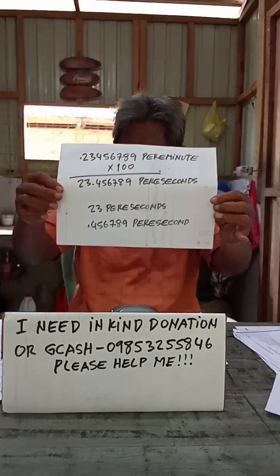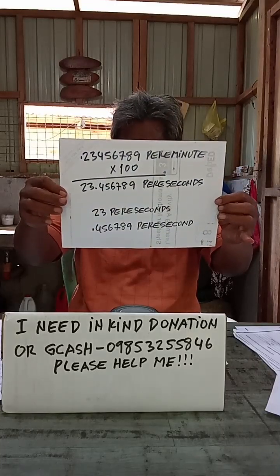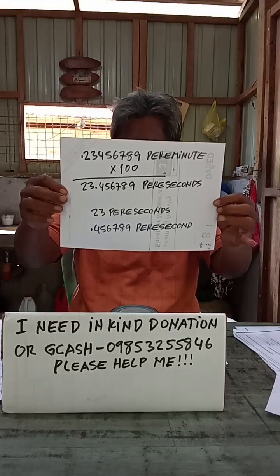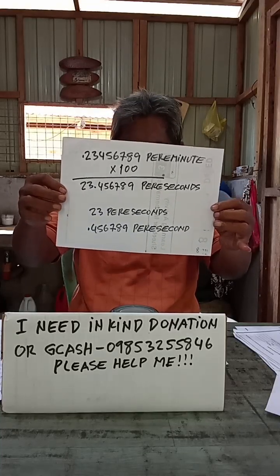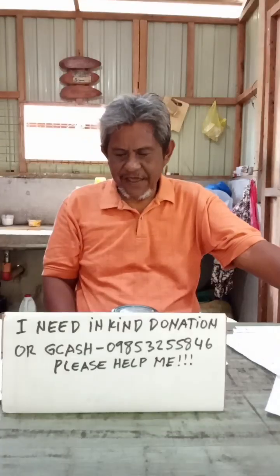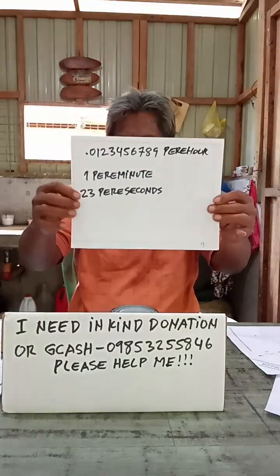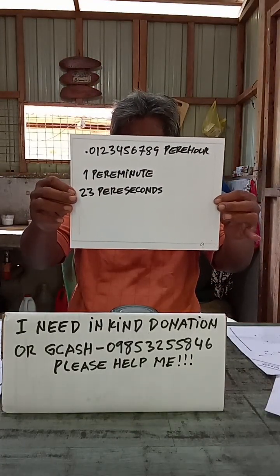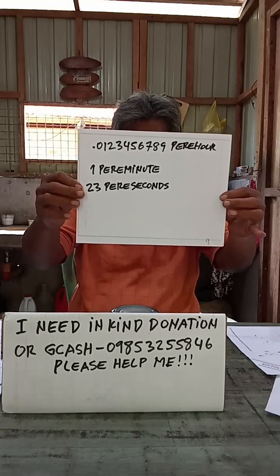Then put aside the 23 perisecond, and the remaining is 0.456789 periseconds. Okay. And we have now 1 per minute, 23 periseconds from the decimal per hour. Okay.